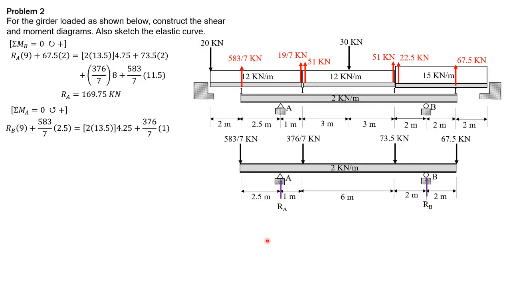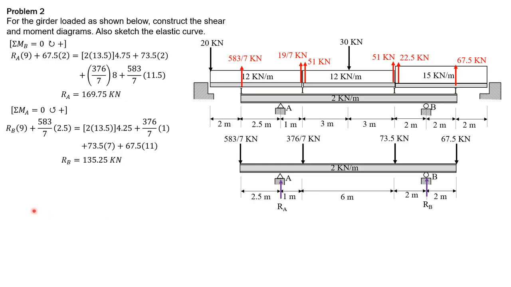Then, rearranging, it equals 2 times 13.5 times 4.25 plus 376 over 7 times 1 plus 73.5 times 7 and plus 67.5 times 11. Solving for R sub B is 135.25 kilonewtons.